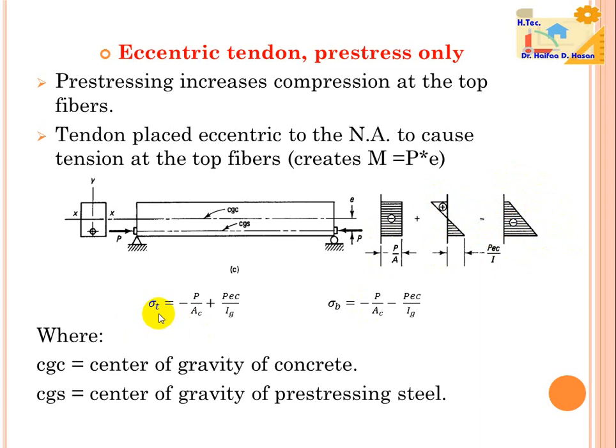This equation gives the stress at the top fiber equal to negative P over A, plus tension here, PE multiplied by C over I gross. The stress in the bottom fiber is negative, and summing the two stresses gives negative P over A plus negative PEC over I gross. C here also equals E.